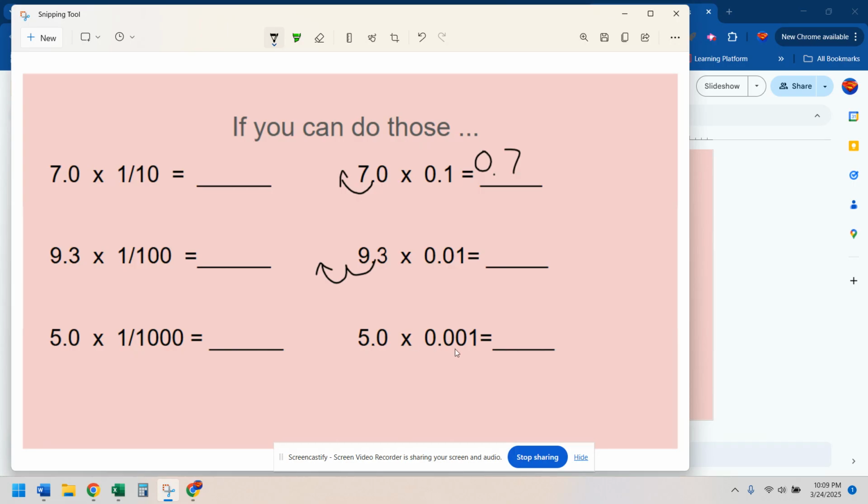And then the last one, multiplying by 1/1000th, is the same thing over here. We move it 3 spots, 1, 2, and 3. And you end up with 5 thousandths. Exact same thing. Now, that's one of the strategies that we're going to use today to help us figure out where the decimal point needs to go when you're multiplying by decimal numbers.